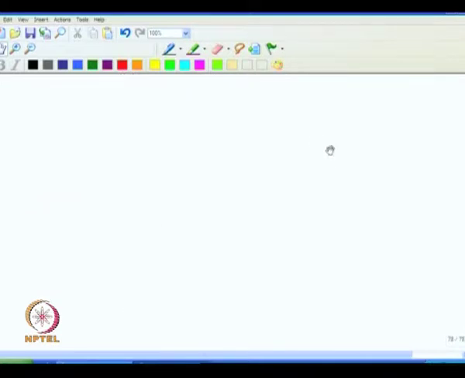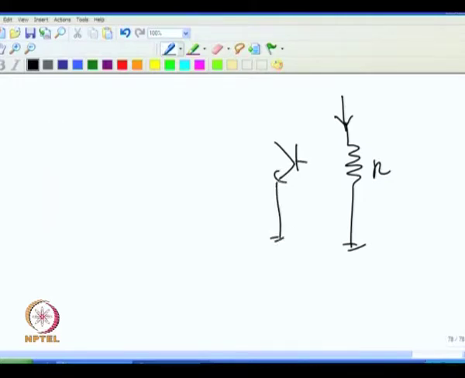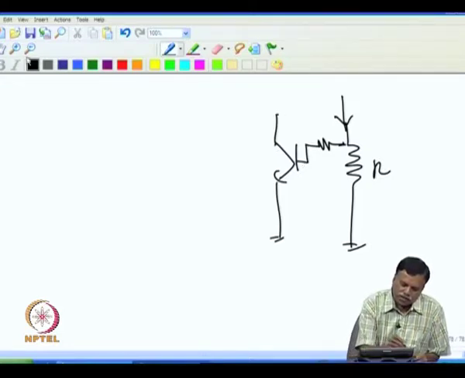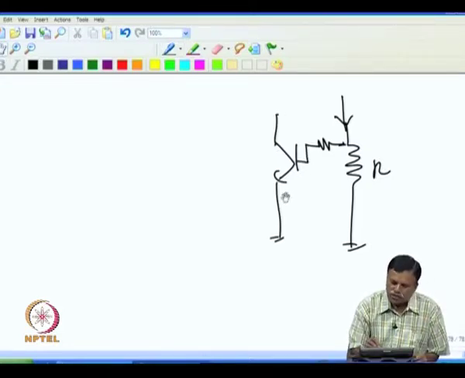For example, if I connect like this, so you have resistance here and this is R, and if the current is flowing through this, and if I connect the transistor directly here to switch on. Now, at room temperature the voltage difference required is 0.6 volt.